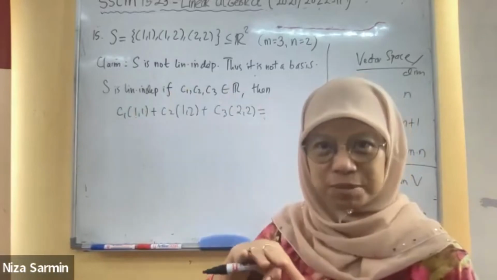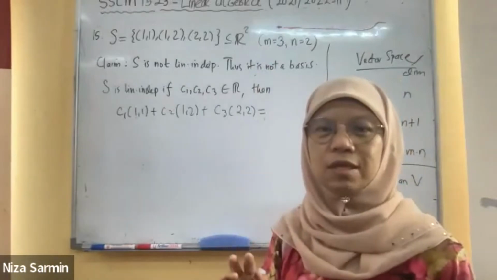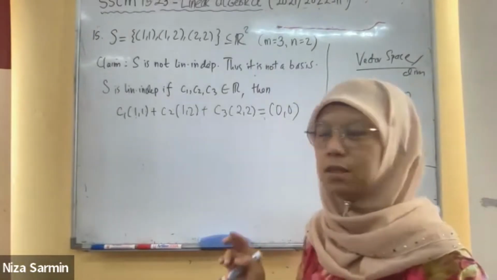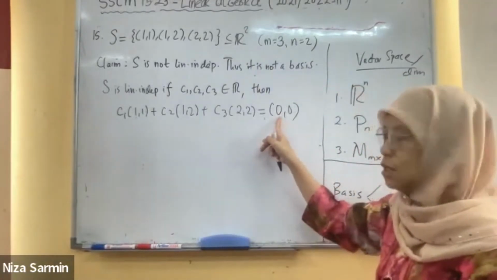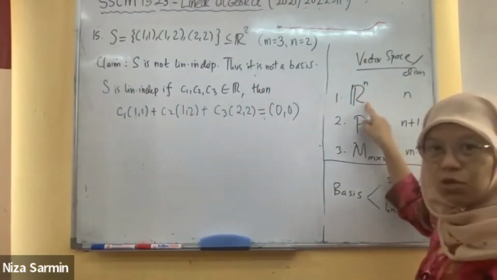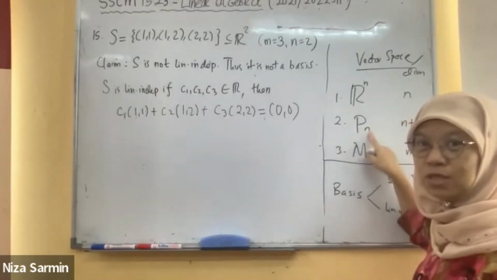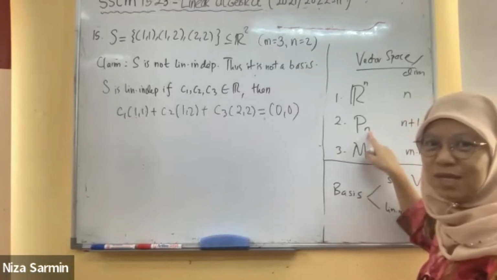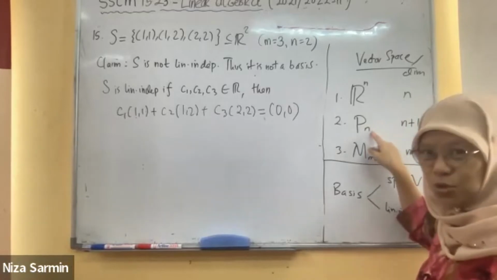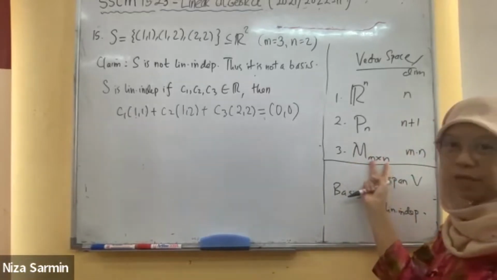This is what is different from spanning. What is the 0 vector in R2? It is (0, 0). This is the one that will change according to the vector space. If it's R3, you will put (0, 0, 0). If it's P2, you will put 0, because the 0 vector for polynomials is just 0. For matrices, it is the 0 matrix, depending on the dimension.